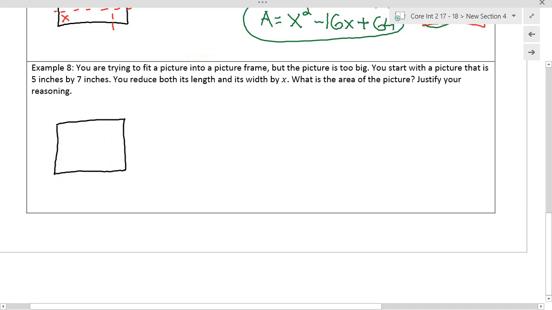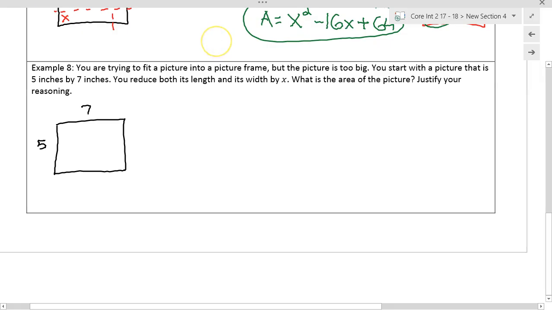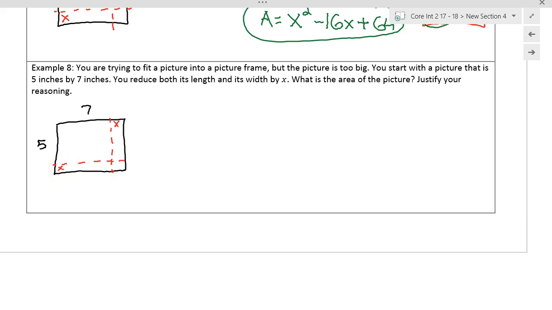I have a picture, it's 5 by 7, but then I cut off some amount of space, x. So my length equals 7 minus x. My width equals 5 minus x.